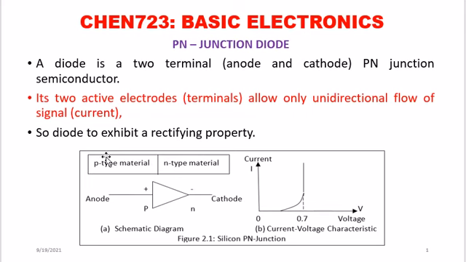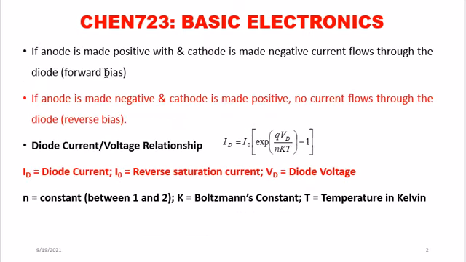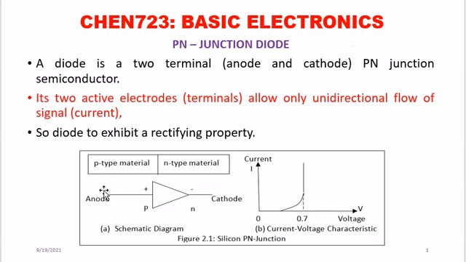Therefore, whenever there is flow of charge carriers, we have a current flowing, and this kind of orientation we call forward bias. But if we connect the anode to the negative terminal of our battery and the cathode to the positive, let's go back to the diagram. If you put negative here and you put positive here, we know the negative and this P positive will be attracting one another, and here the positive and this N type, which is negative, will be attracting one another.